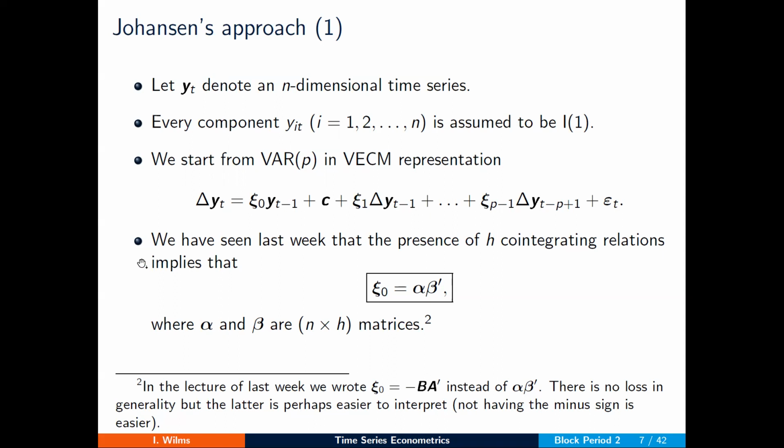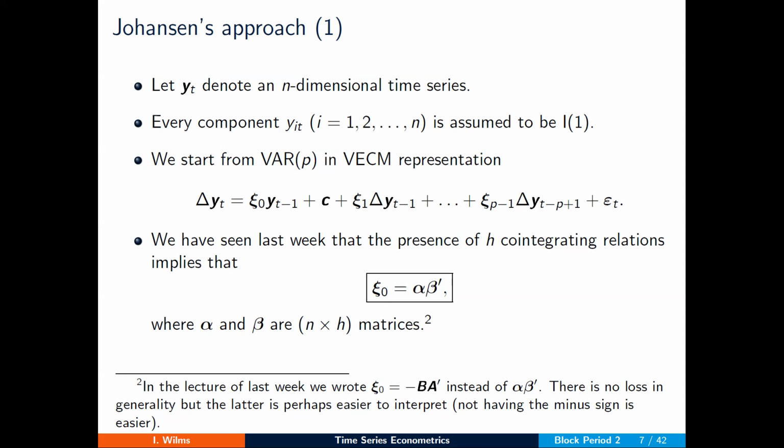Last week, we've seen that the presence of h co-integration relations implies that the matrix in front of the series in levels, so the Xi naught over here, has reduced rank h such that you can decompose it in terms of two lower rank matrices.